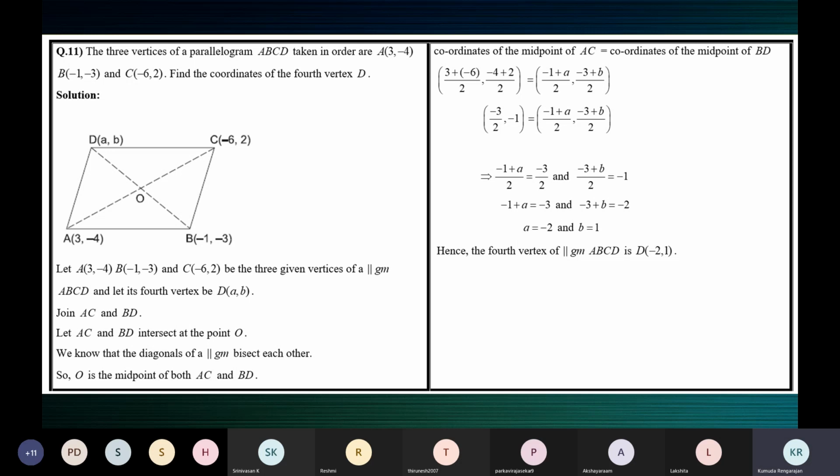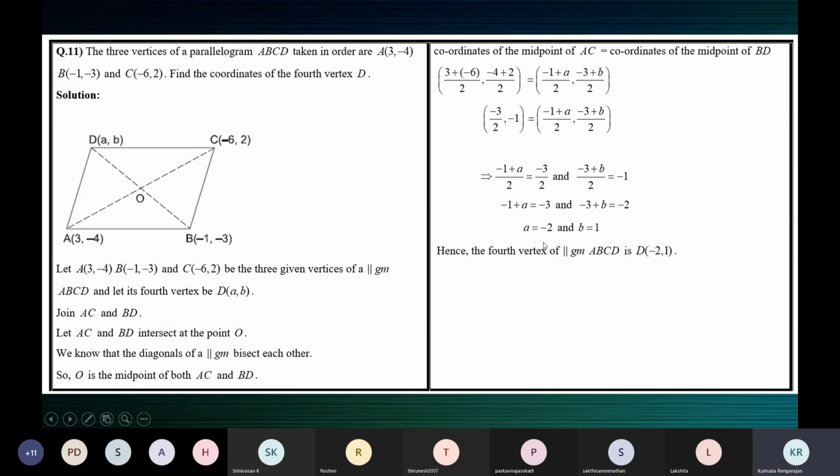If we are cross multiplying minus 1 plus a into 2, we are getting a is equal to 8 only. Here I've cancelled the denominators. 2 and 2 get cancelled on both sides.